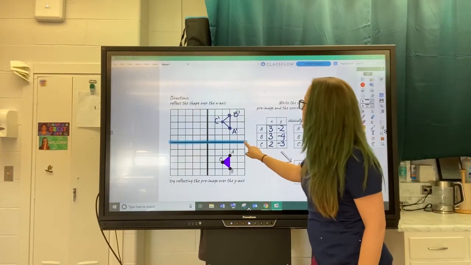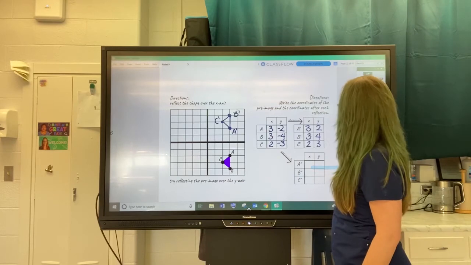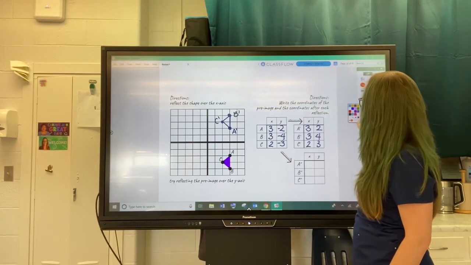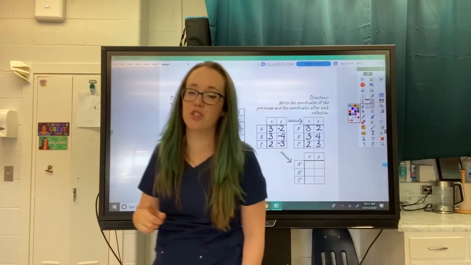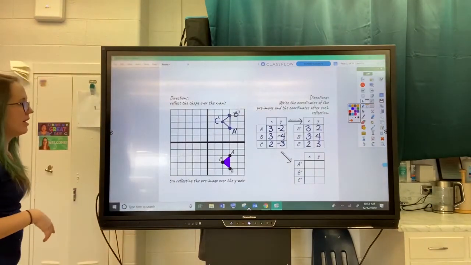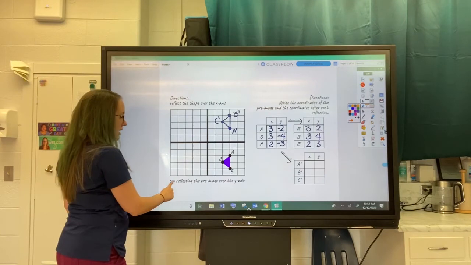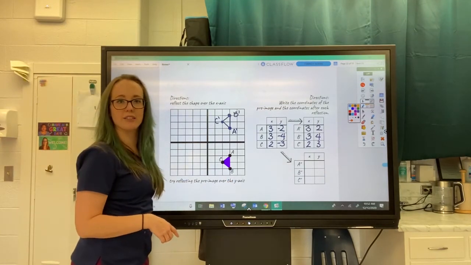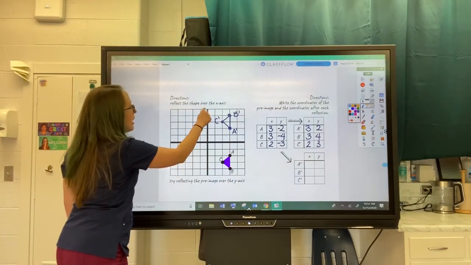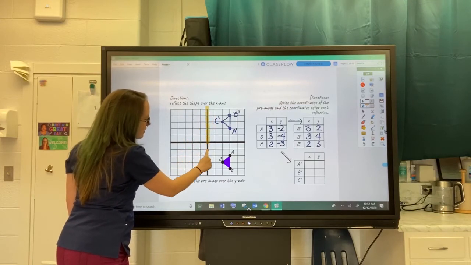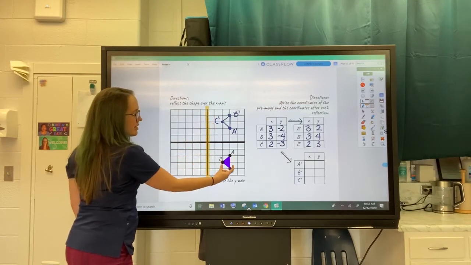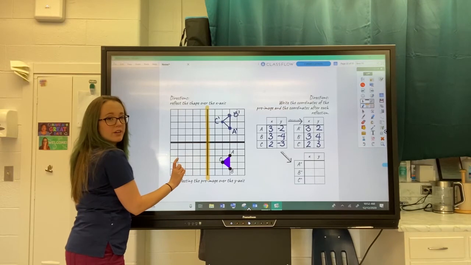All right. So we are actually going to do a second problem on this same page, just so we can practice everything. All right, down here at the bottom, right underneath the picture, it says, okay, now try reflecting it over the y-axis. So let's try it that way. This is my y-axis, and I'm going to reflect this guy over to here.